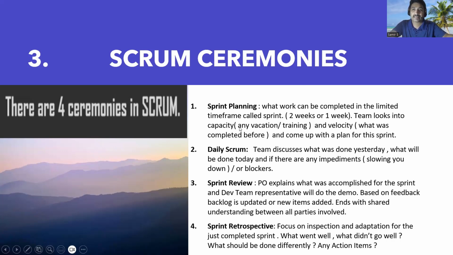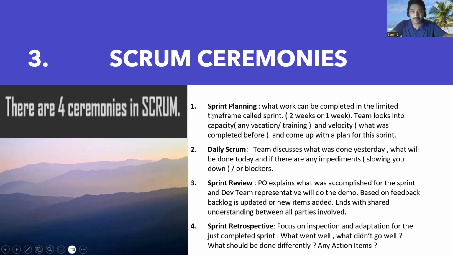Capacity is the maximum amount of time the team can allot towards the work. So if the team is taking any vacation or training, or from other teams, that needs to be considered, because if one resource is taking 3 days vacation, obviously the capacity of the team is reduced, right? Then if someone is going for training, again the capacity of the team is reduced.